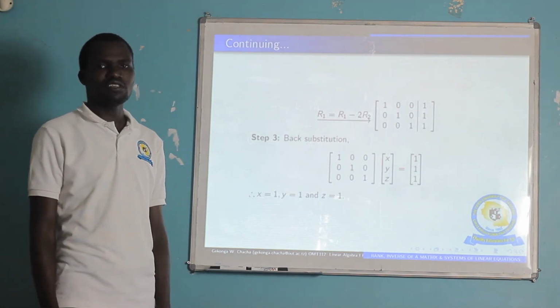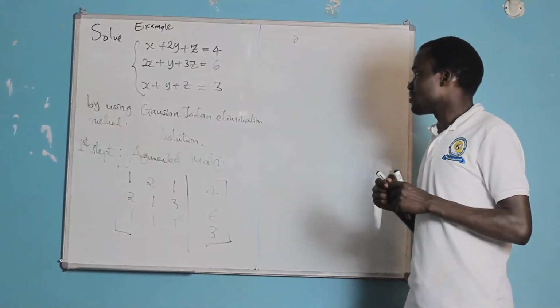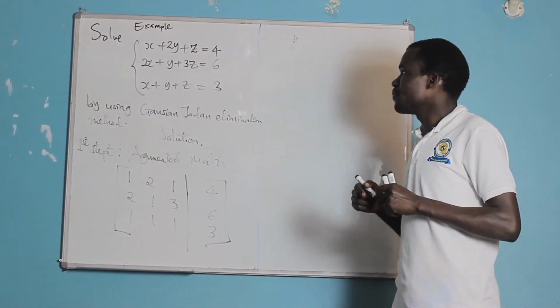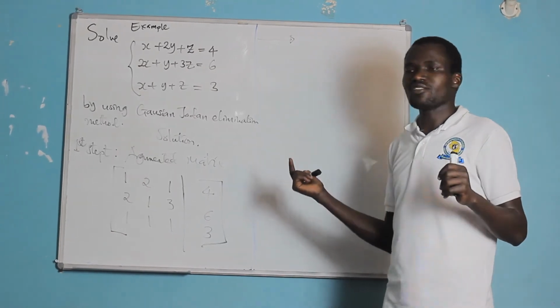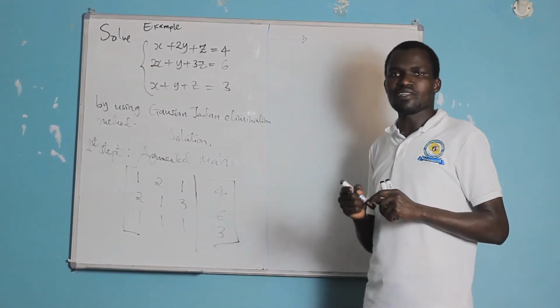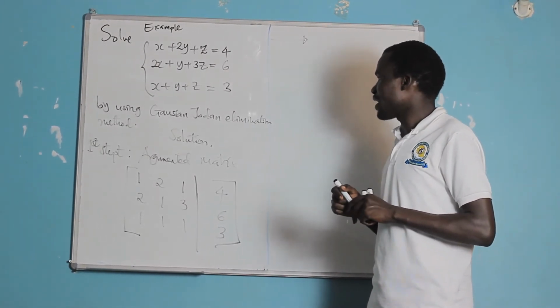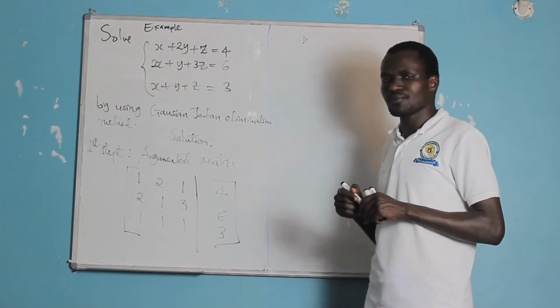So let's see just one example by calculation. Okay, students, let's see an example. We are asked to solve this system of linear equations by using the Gauss-Jordan elimination method.